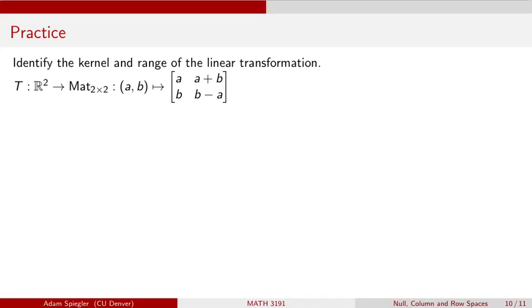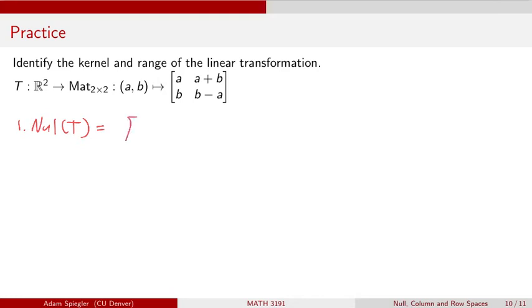So first we want to think about what the null space of this map would be. What is null of T, or what we also call the kernel of this transformation? Well, we want to figure out all the vectors (a, b) that get mapped to the zero vector in 2 by 2 matrix world.